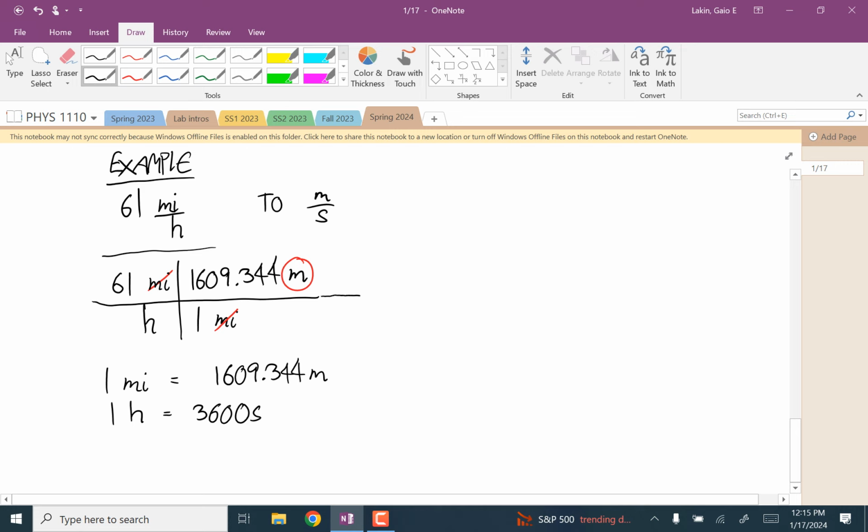So I'll just keep this fraction going. And now I want to cancel the hours. Notice that in my starting quantity, hours are in the denominator. So to cancel it, I want hours to be in the numerator of what I multiply. So I'm going to multiply this by 1 hour over 3,600 seconds.